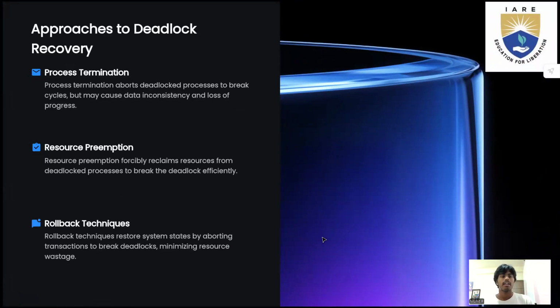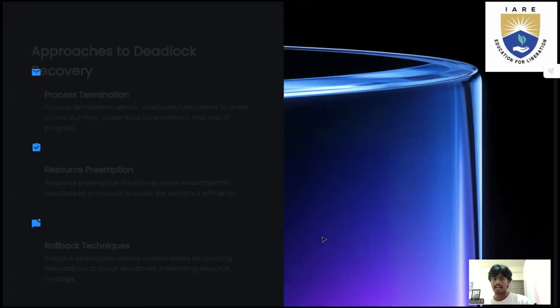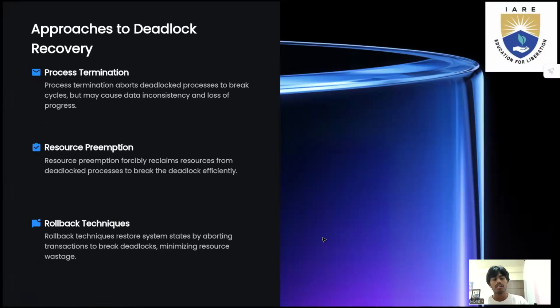Coming to the deadlock recovery mechanisms, we have process termination, resource preemption, and rollback techniques. Process termination aborts deadlocked processes to break cycles, but may cause data inconsistency and progress might be a bit late.